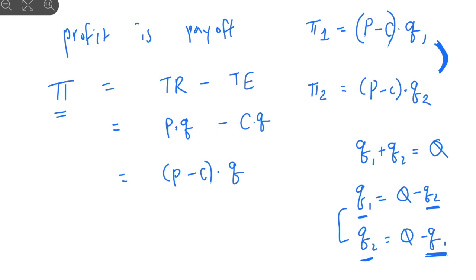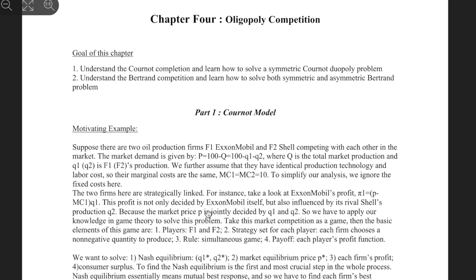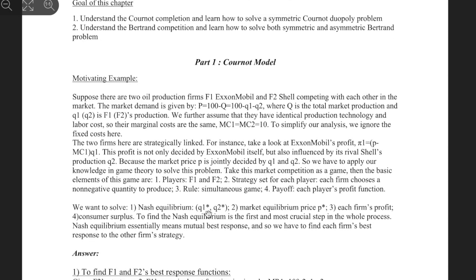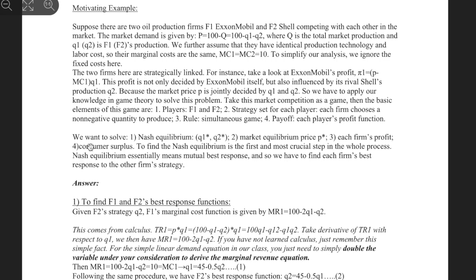So going back to our slide, let's see what we want to solve. Using this model, we want to solve for one, the Nash equilibrium, and two, the market equilibrium price P star, that P we're looking for, and three, each firm's profit.